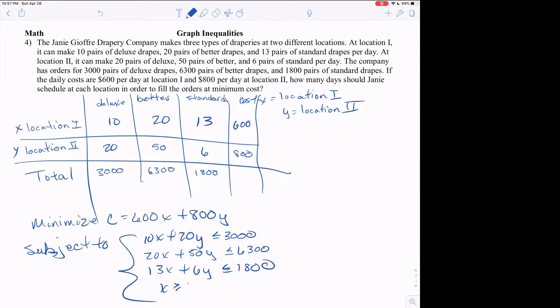And we have x is greater than or equal to 0, and y is greater than or equal to 0.